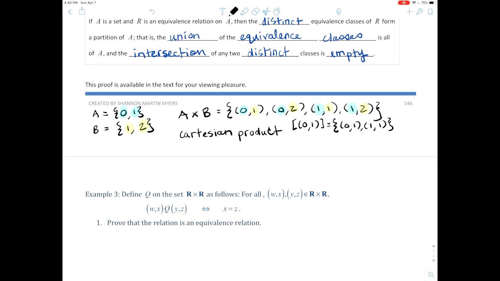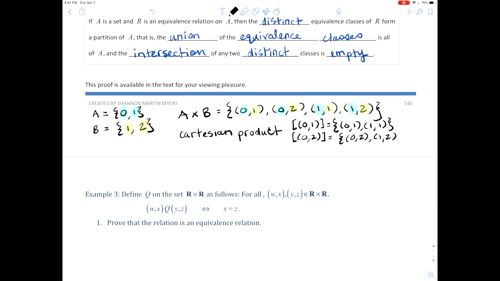Cool so far? And then the class of (0, 2) would be all of the ordered pairs that end in 2. So we would have (0, 2) and (1, 2). Good.